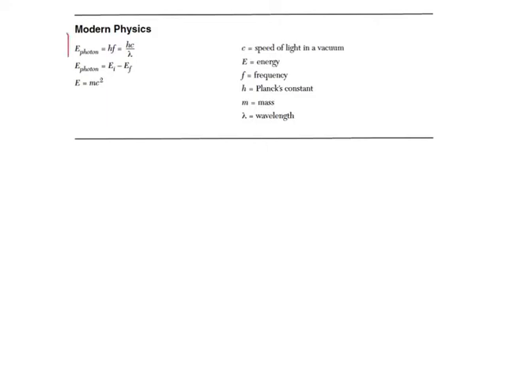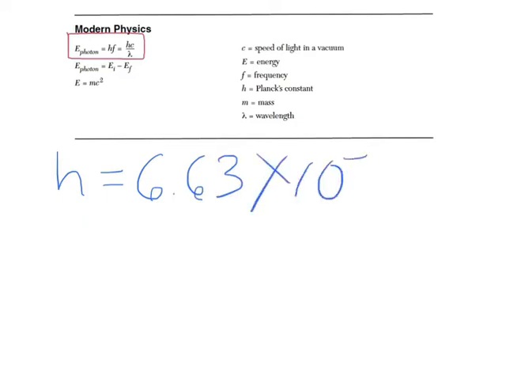This is our key formula right here. The energy of a photon is equal to h times f, and on our reference tables they also write that as hc over wavelength. So let's talk about a couple things there. First of all, h, Planck's constant, is an incredibly tiny number, 6.63 times 10 to the negative 34 joule seconds.